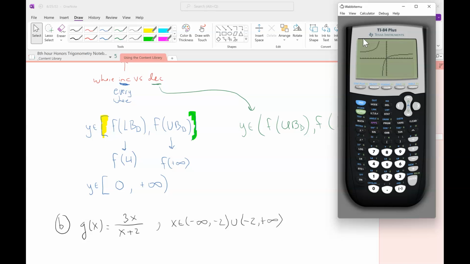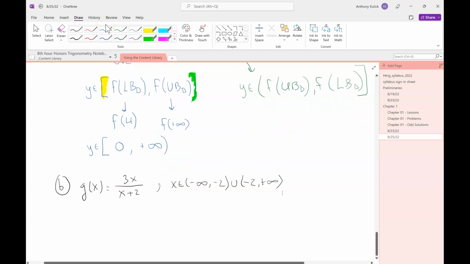There's like 2 pieces to it, right? So just like I have 2 pieces to my domain, I'm going to expect to have 2 pieces for my range, which is fine. If I look at the first piece, as I walk along the graph from left to right, that's increasing. Everybody agree? If I look at the second piece as I walk along the graph from left to right, also increasing. So this is increasing everywhere. Everybody okay with that?